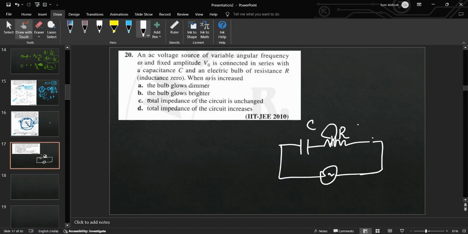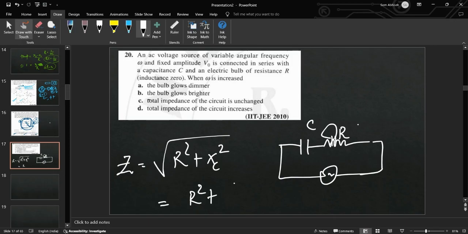This is an RC circuit, so impedance Z is equal to the square root of R squared plus Xc squared. Xc is 1 by omega C, so Z is the root of R squared plus 1 by omega squared C squared. As omega increases, Z will decrease.